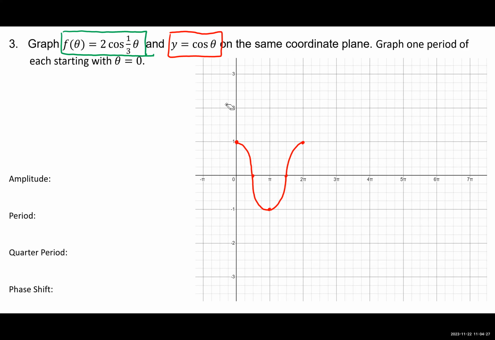Okay, now that that's taken care of. So notice the x-axis is stretched out. It goes up to 7 pi in this case. So we'll talk about y in a moment, but there's going to be a change to the period. So the amplitude is 2. There's a 2 out front.